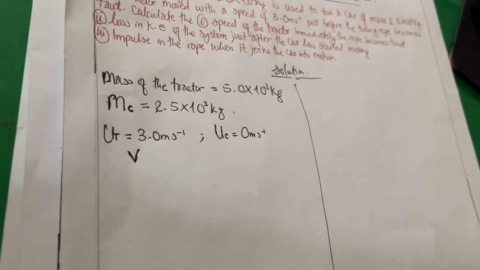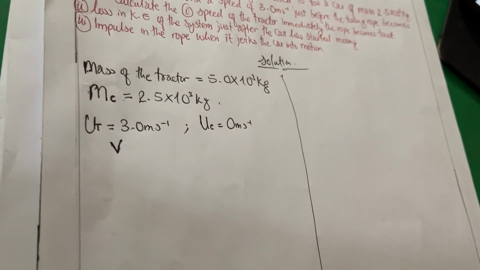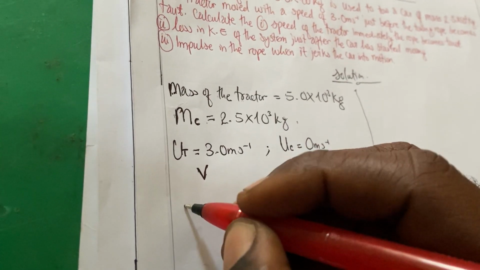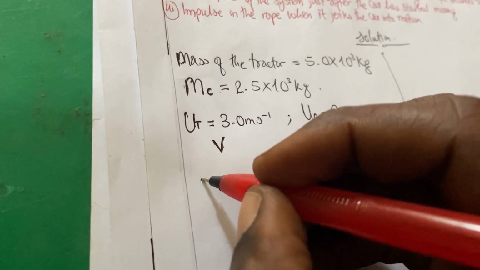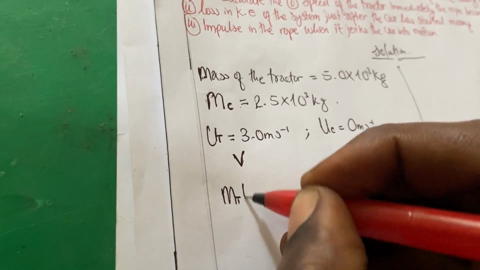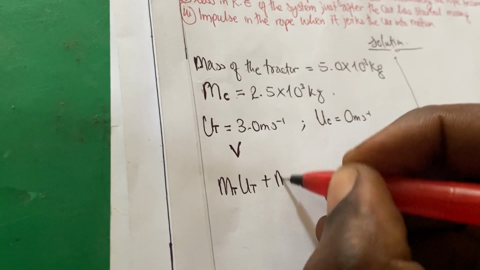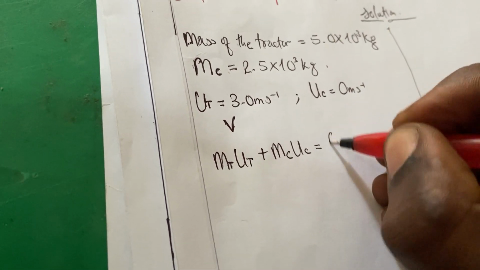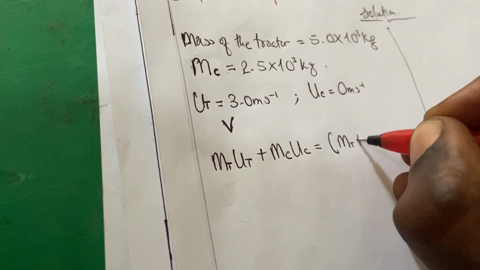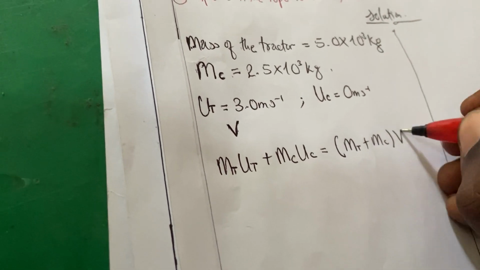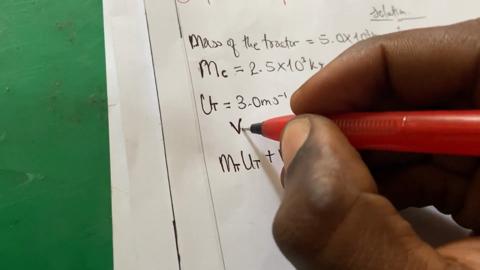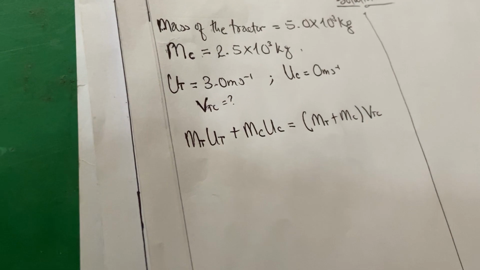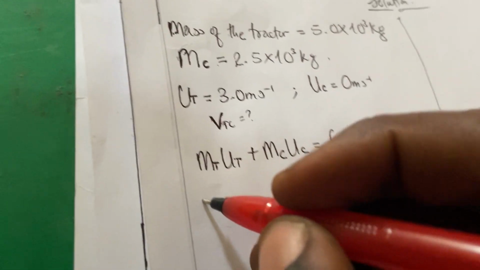That is, momentum before equals momentum after. So I'm just going to write the formula like the first example we solved: MT UT plus MC UC equals MT plus MC times the final velocity VTC. Now I'm going to substitute the values.